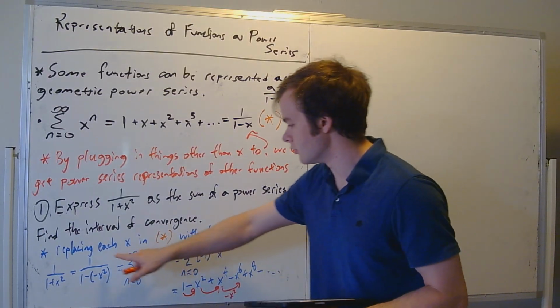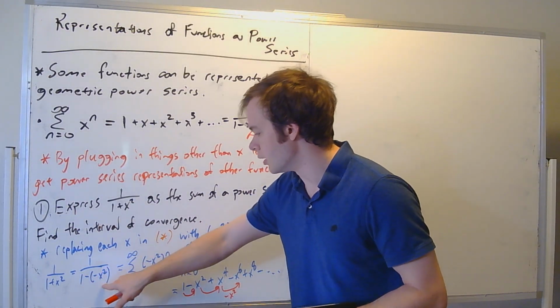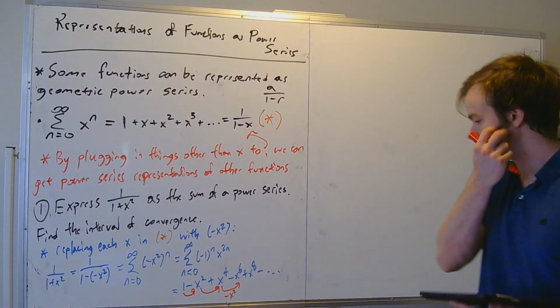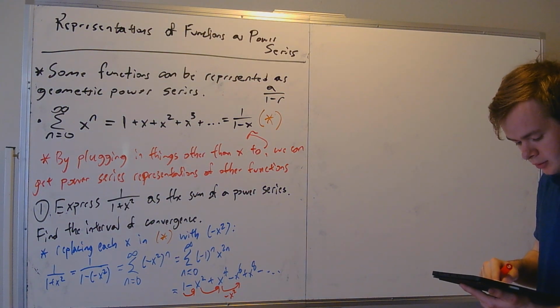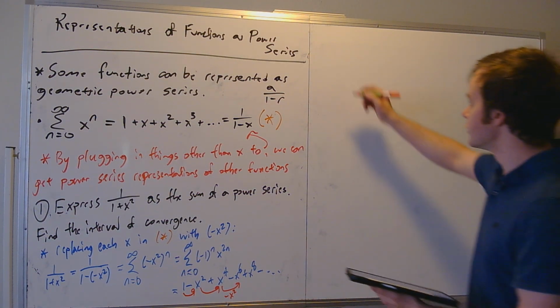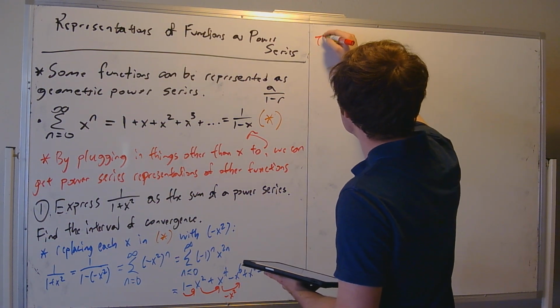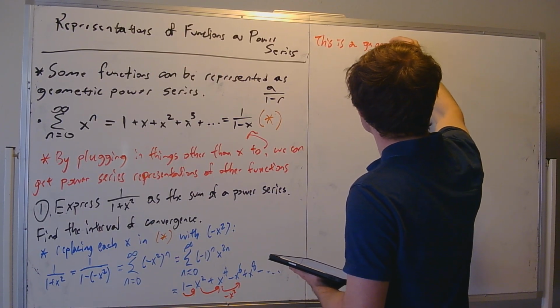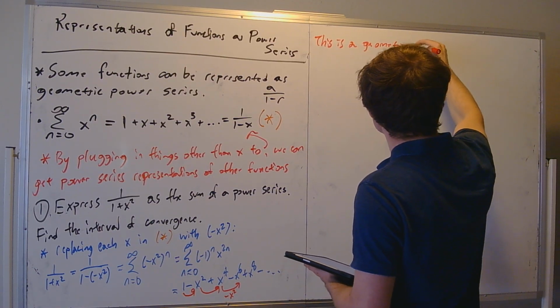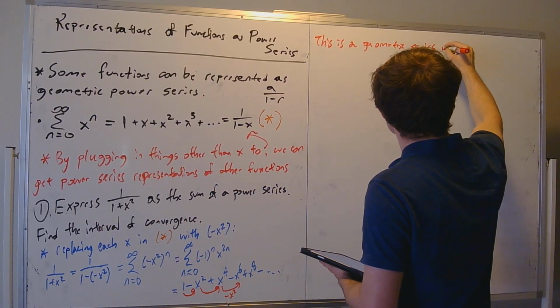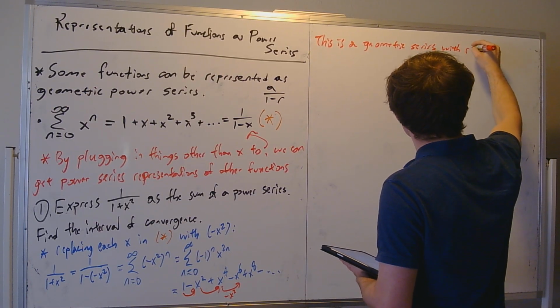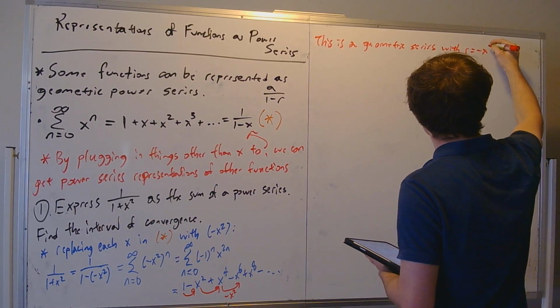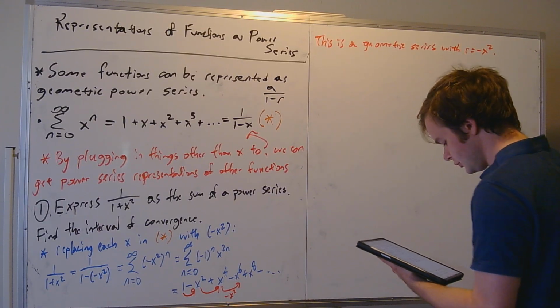Because we can write this as a over 1 minus r, so that's going to be our common factor. Okay, and now we can say here that this is a geometric series with r equals negative x squared.